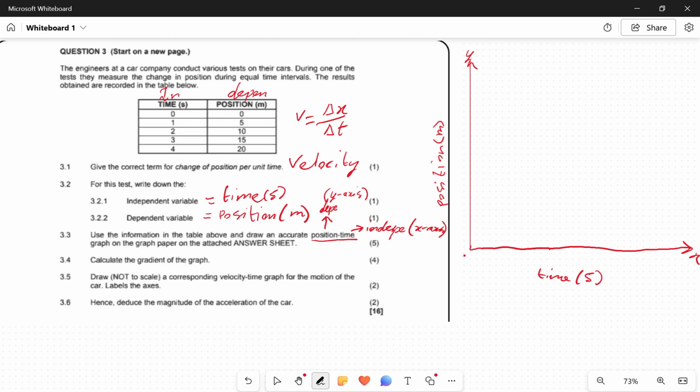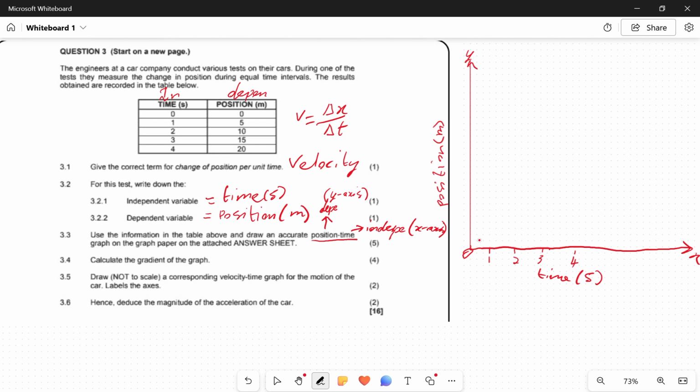Then now we are going to put down our points or come up with our scale. We know here is going to be 0. Let's check out the x-axis values, the time. We start from 0 and end at 4, so we'll have 0, 1, 2, 3 and 4.